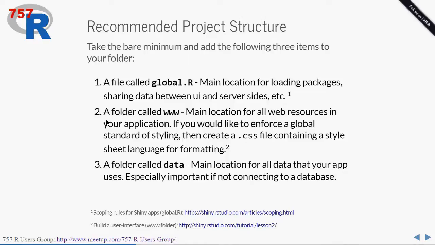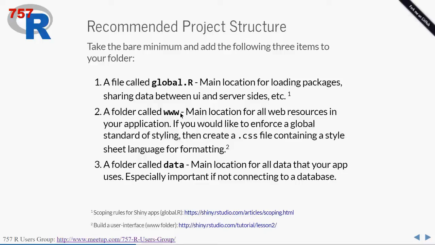Another element I'd recommend having inside your project folder is a folder called www, which is for all your web resources. This kind of goes back to developing web applications. If you have images on your website, or CSS, cascading style sheets, or JavaScript, all of that stuff should go in this www folder, because those are all web resources.